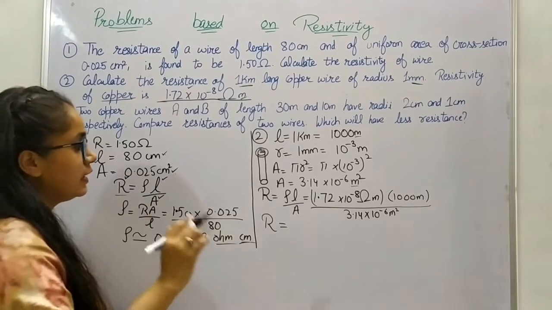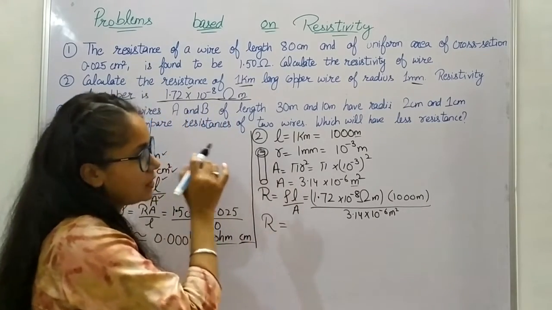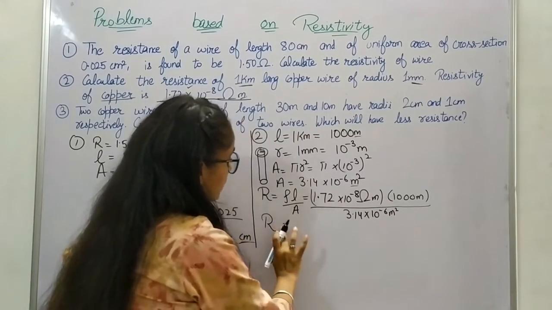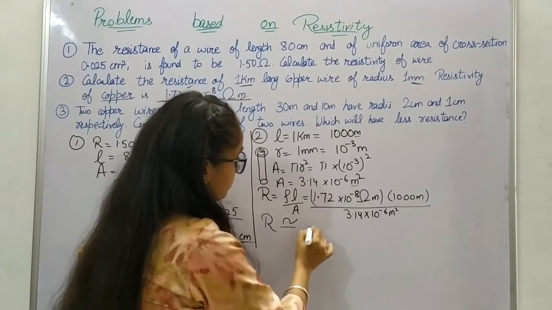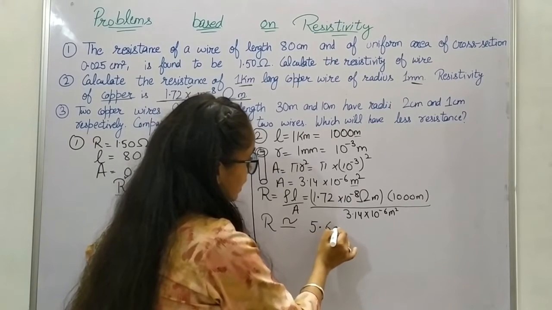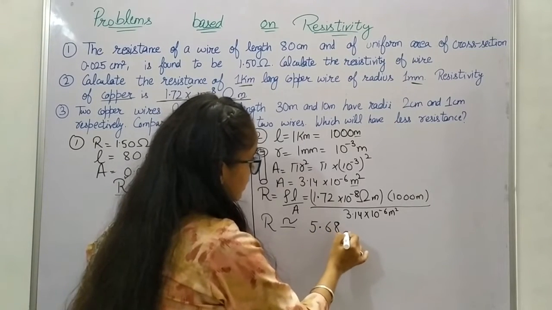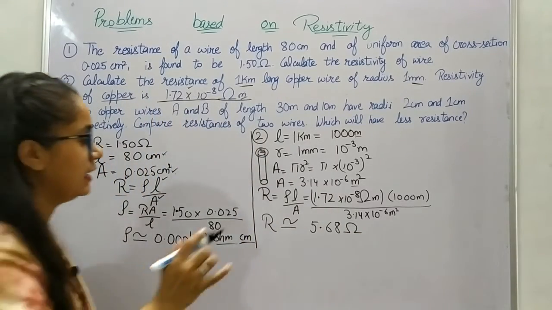Actually, not just 4.69, when we calculate it, it would be 5 point something, let us say 5.68 ohm, approximately this much.